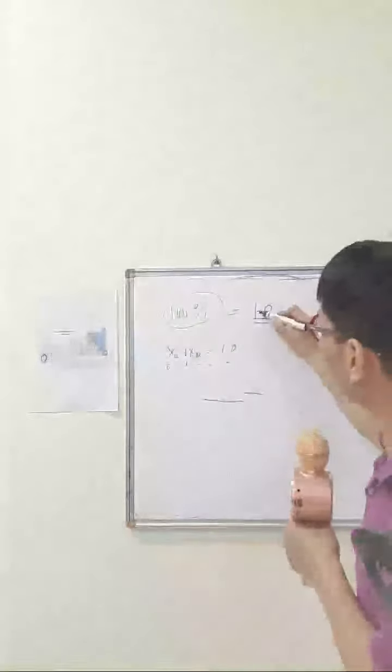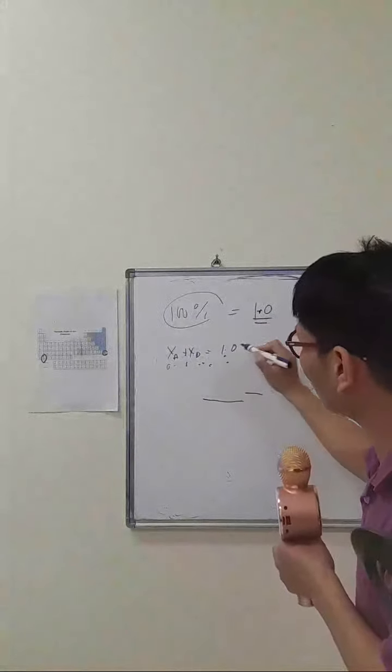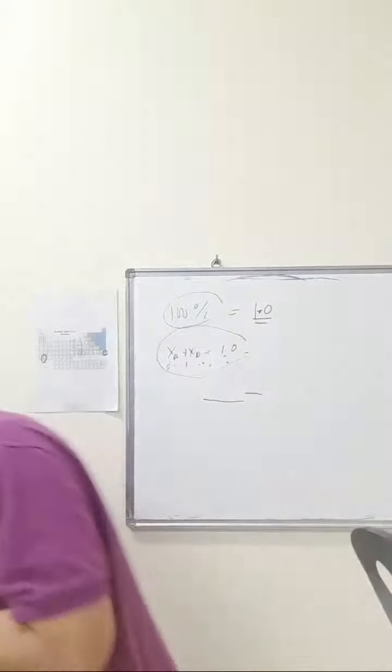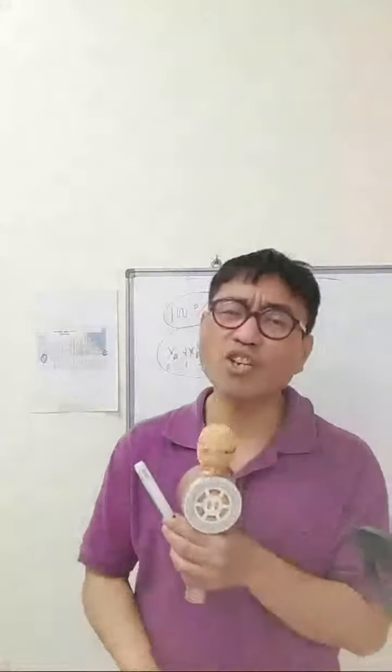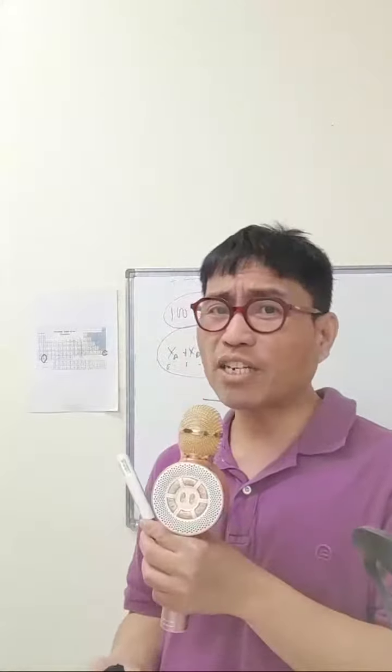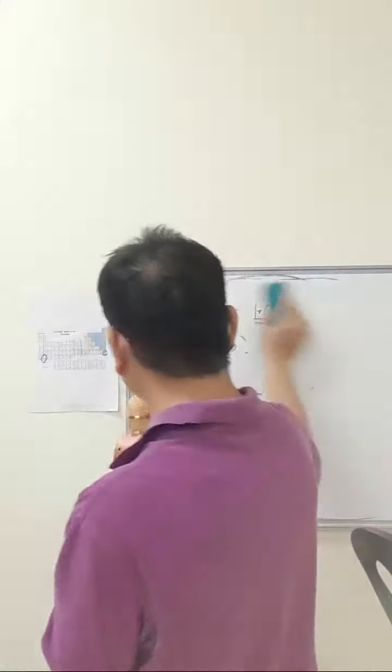XA plus XB is equal to 1, meaning percentage by mole. Or say percentage by volume, percentage by mass, or percentage by pressure, or whatever.